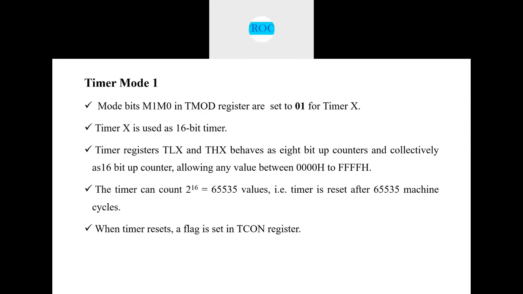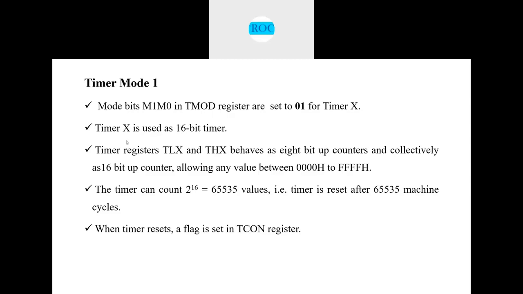Similarly, for timer 1 to operate in mode 1, we know that bit 4 and bit 5 are the M0 and M1 bits for timer 1, so the bit 5 will be 0 and the bit 4 will be 1. So you make sure that in the TMOD register you set the value so that the respective timer, whether it is timer 0 or timer 1, will be operating in mode 1. The mode bits should be 0 1.